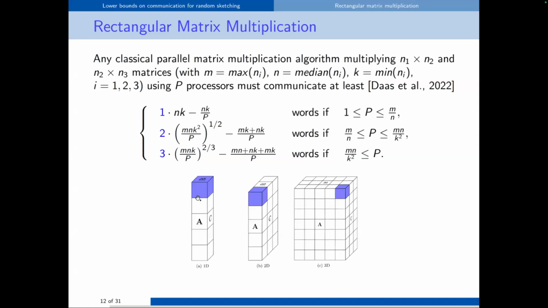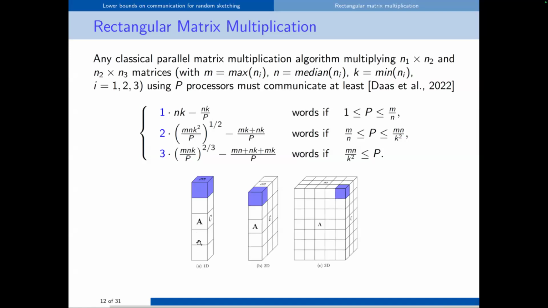And those bounds also allow us to derive the communication optimal algorithms. So, for example, in the first case, if the number of processors is smaller than m divided by n, where m is the maximum of the three dimensions and n is the median of the three dimensions, then we have to perform this amount of communication.